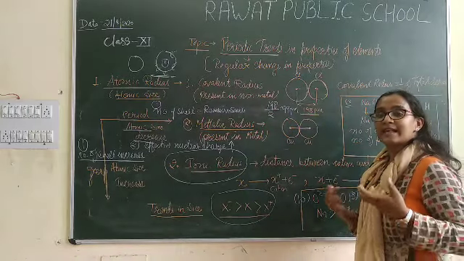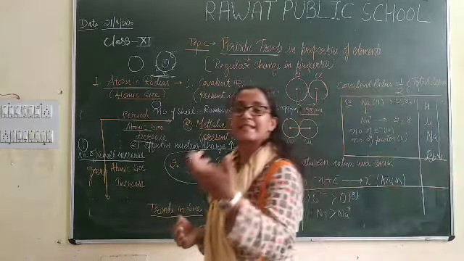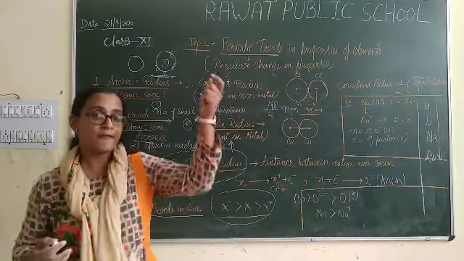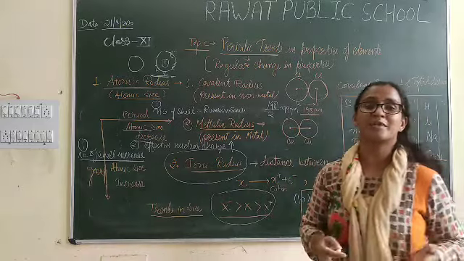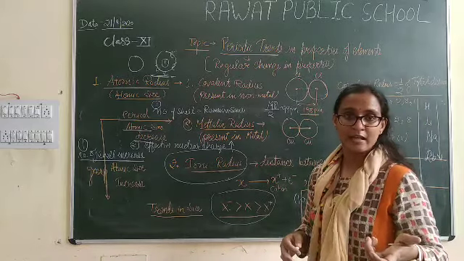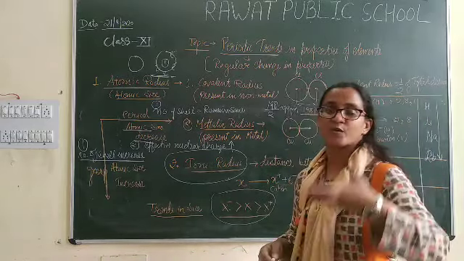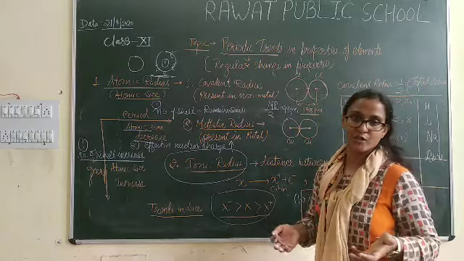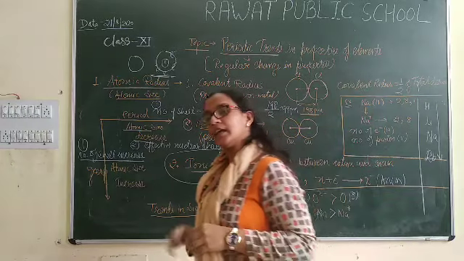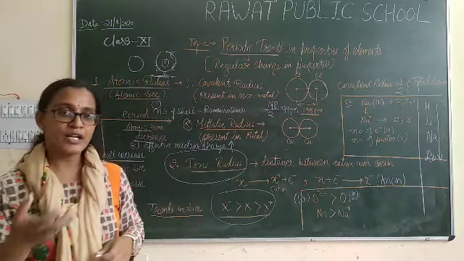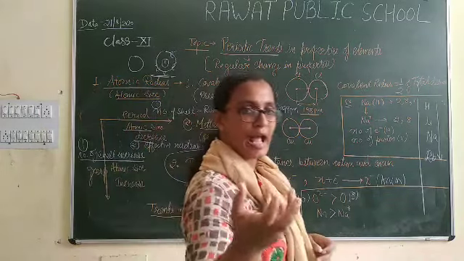Now, which is bigger, Cl- or Cl? If the number of electrons increases, the attraction force decreases, which means the size will increase. As attraction force decreases, size increases. It is an inverse relation. So the chloride anion has a bigger size than the chlorine atom.